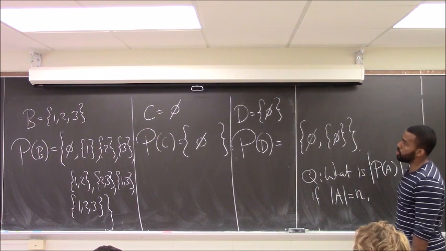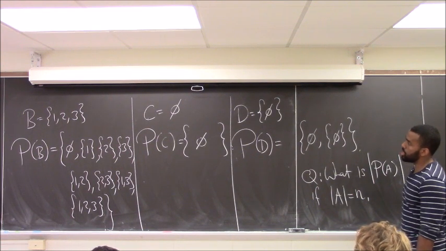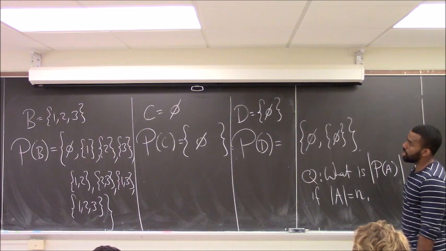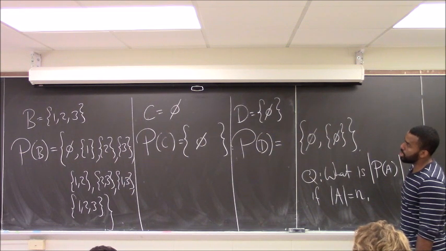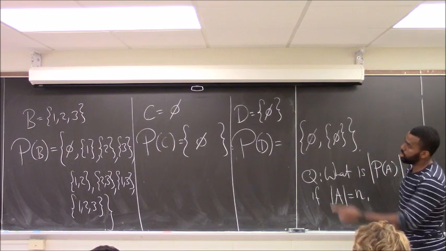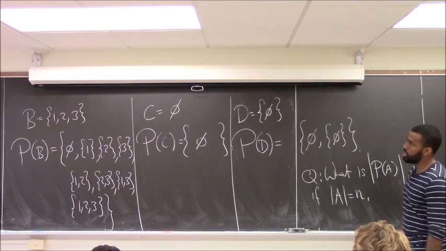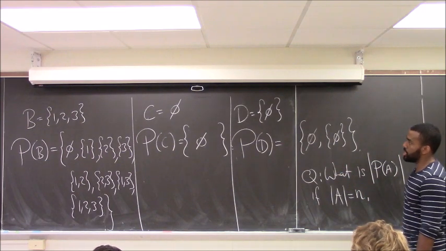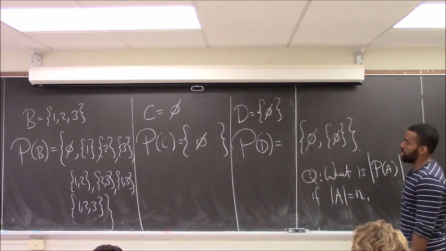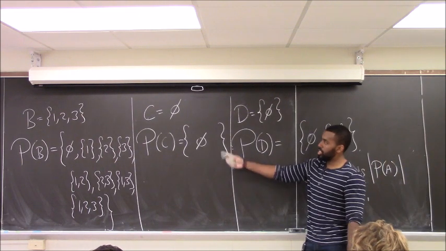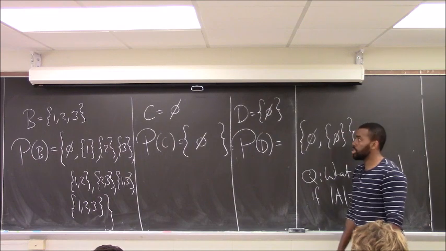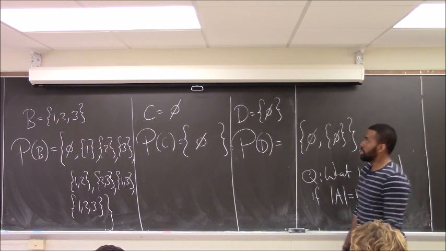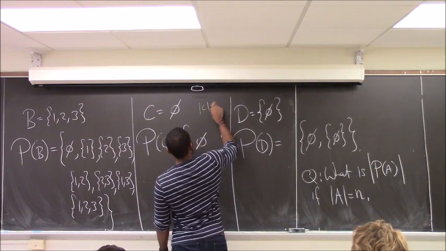If I square 3, I get 9, and minus 1, I get 8. Does that work here? No, because here the size of C is 0.